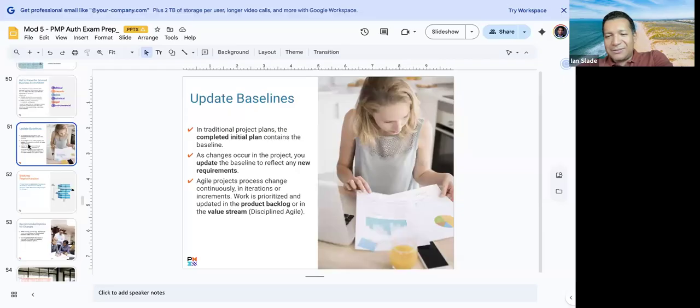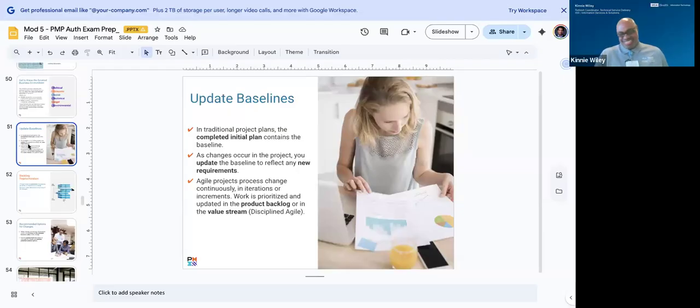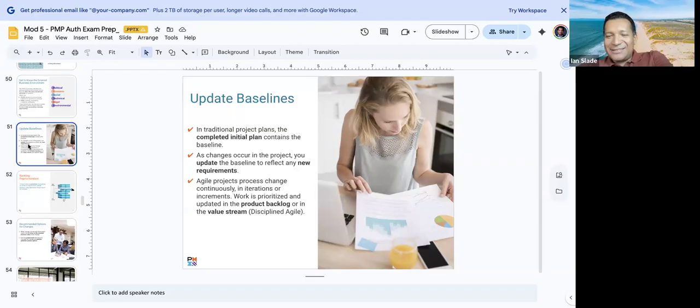He wants to please, so the natural inclination would be, it doesn't take that much time, I can squeeze it in. You want to just say yes, but for the test, all changes need to go through the approval process, and once it's approved, that's when you update the baseline. So beware of those questions that tempt you to just say, yep, let's do it. All requests need to be approved, and once approved, you update the baseline.